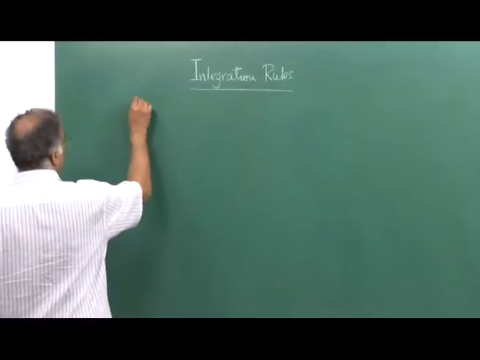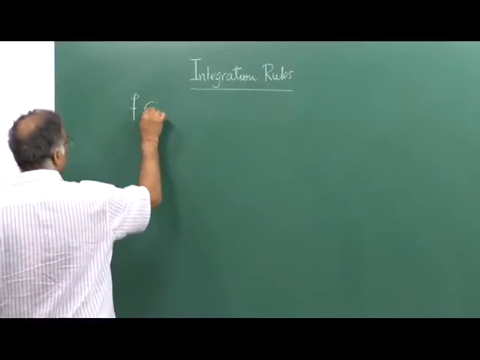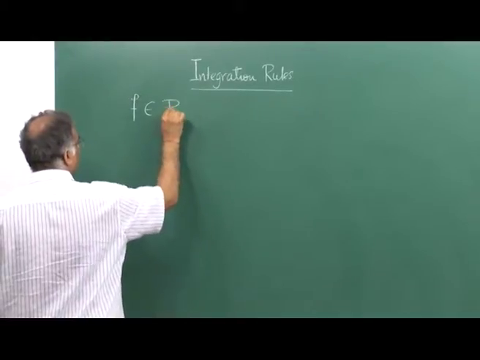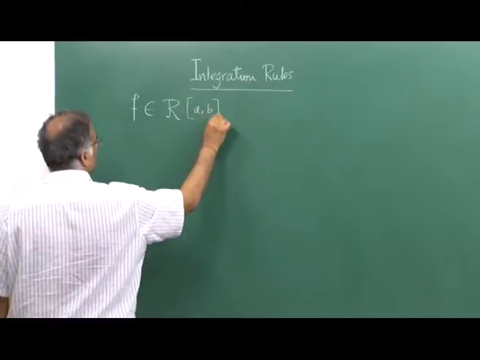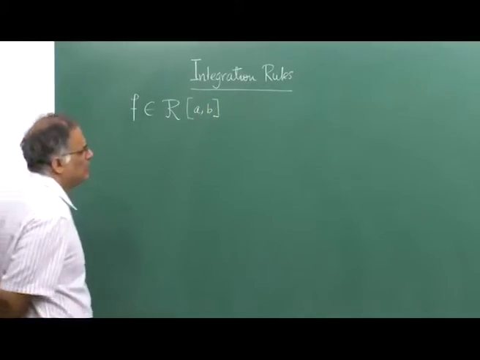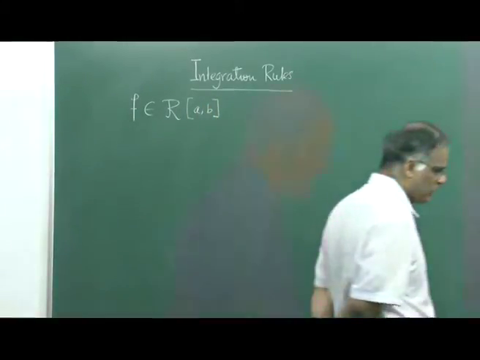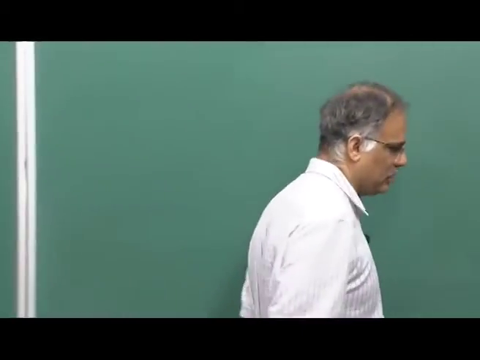So, we will now write, if a function is Riemann integrable, that f is in R[a,b]. You can invent your own sign for this set. Whenever I am talking about a Riemann integrable function, I am assuming a bounded function.